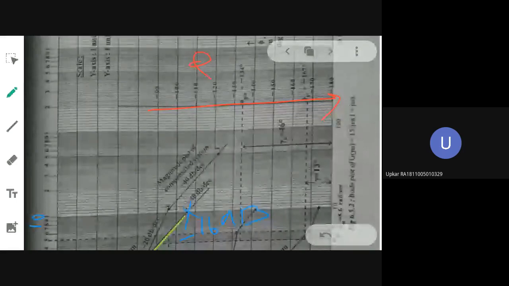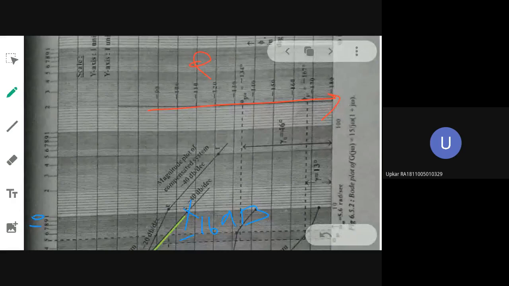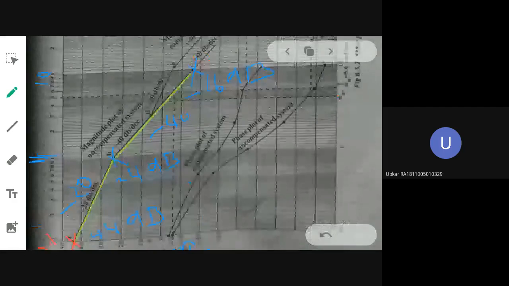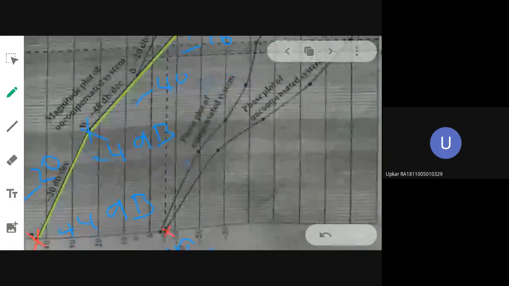What is the frequency? Minus 97 is coming under what frequency? Omega value 0.1. So this 0.1, the value here is minus 96.